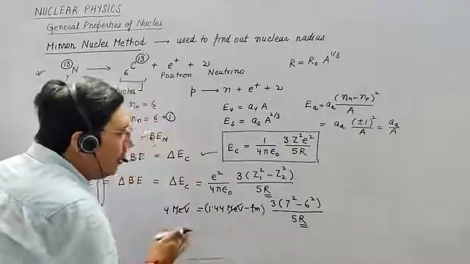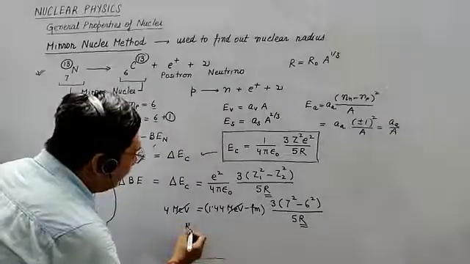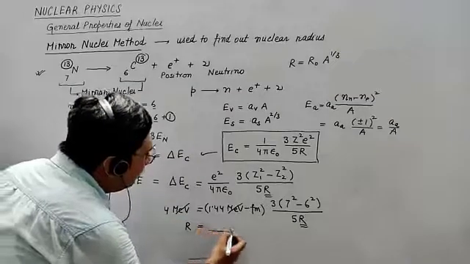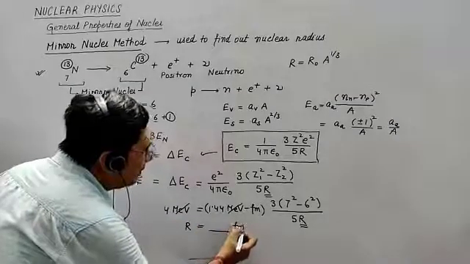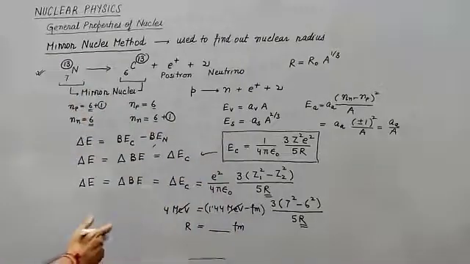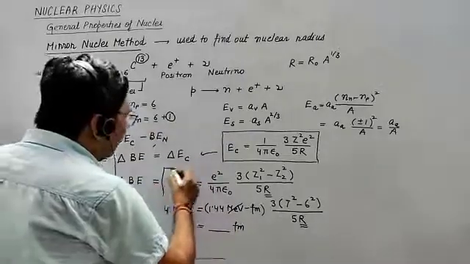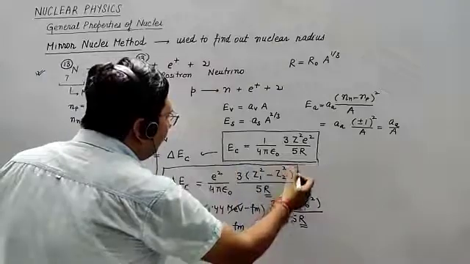So whatever value you get will be in Fermi itself. By using this expression, you can solve this type of numerical.